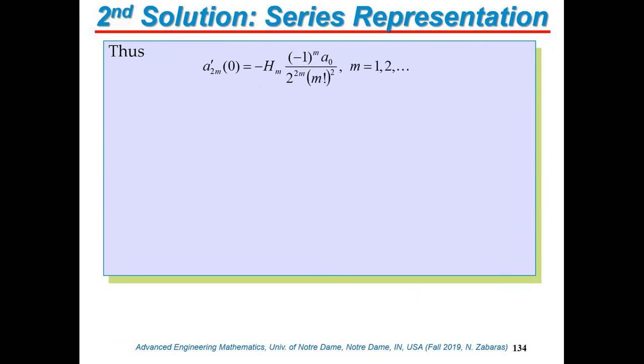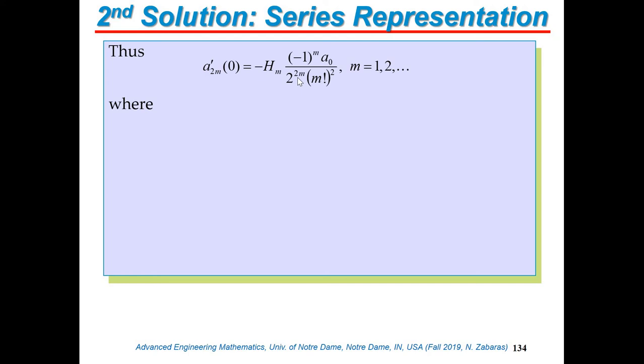And so effectively, I can summarize the derivative as minus a coefficient Hm, which is given by the expression that you see here, times this term.